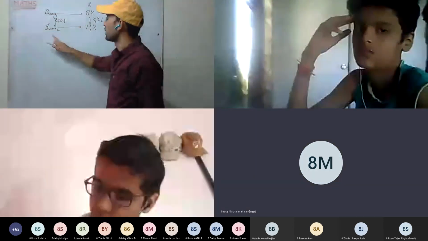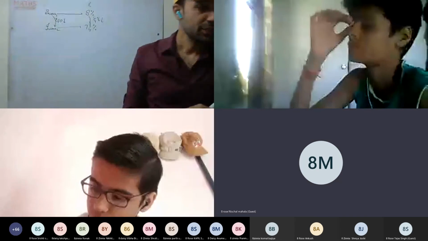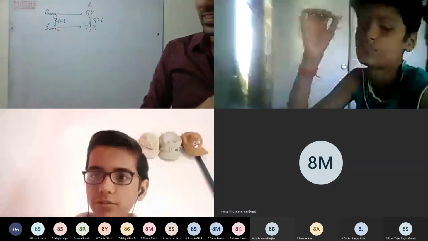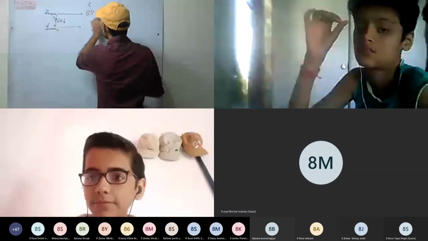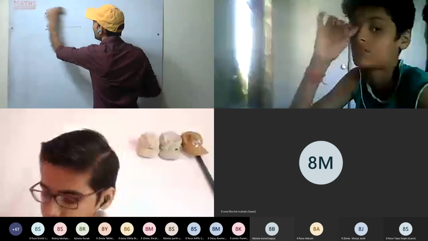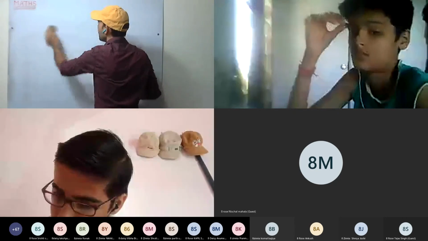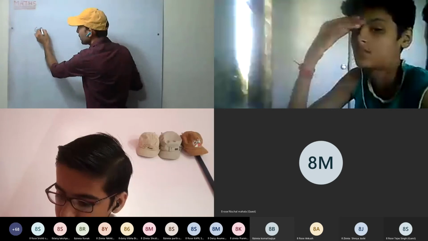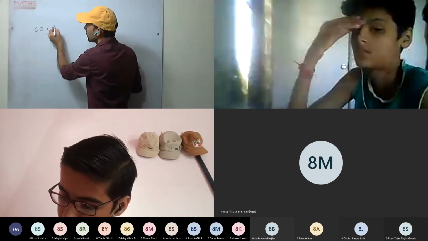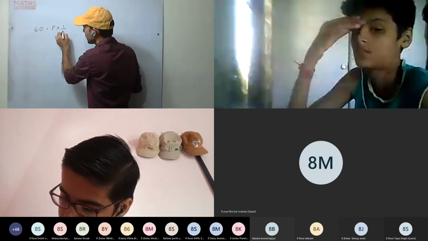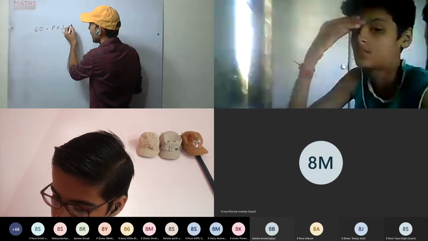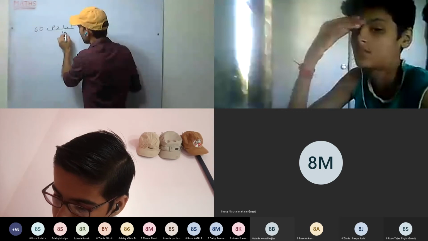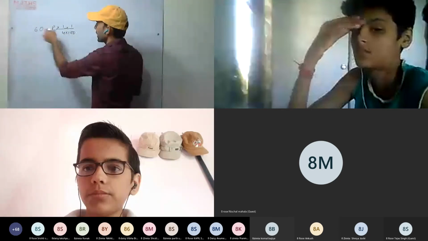So it will be rupees 60, that is the simple interest earned. P we do not know, R is 1/4% into time 1 year upon 100. You can calculate.